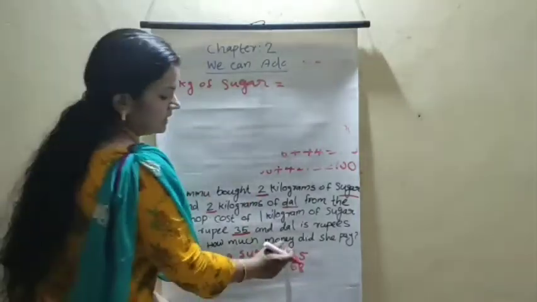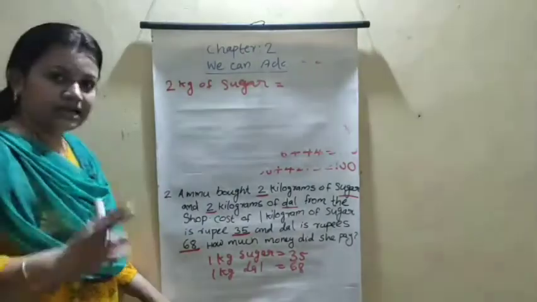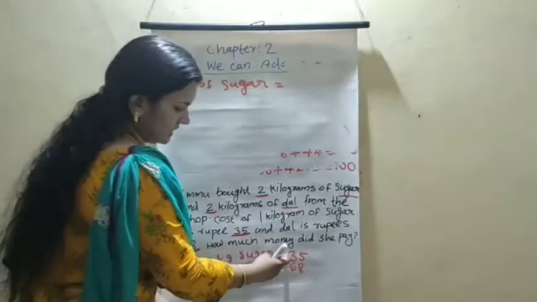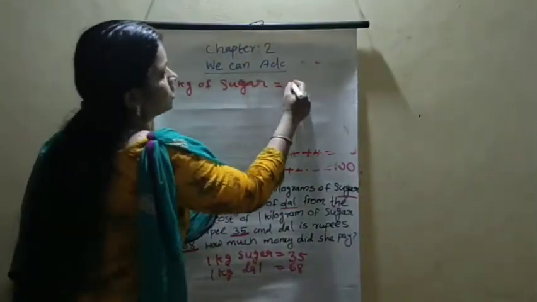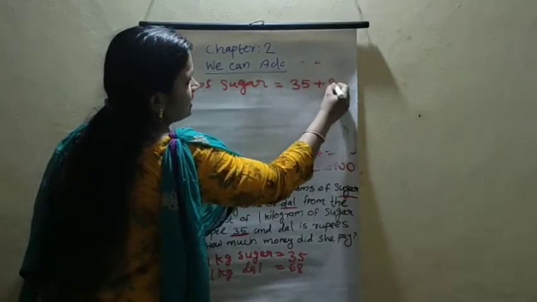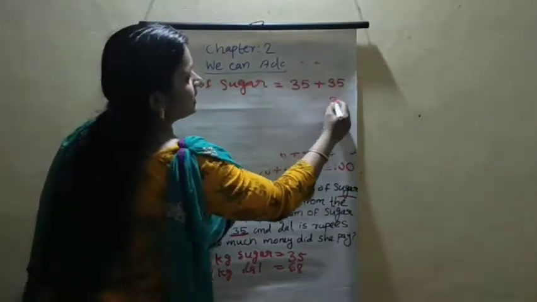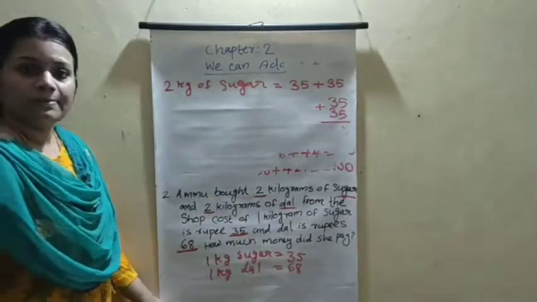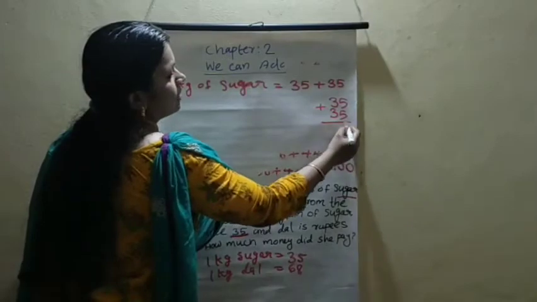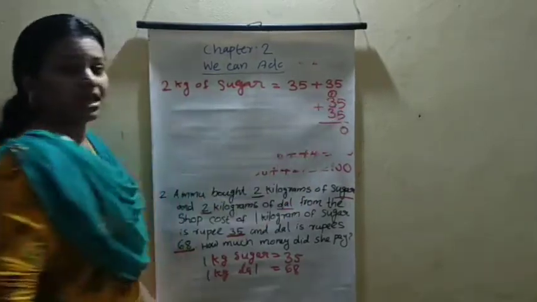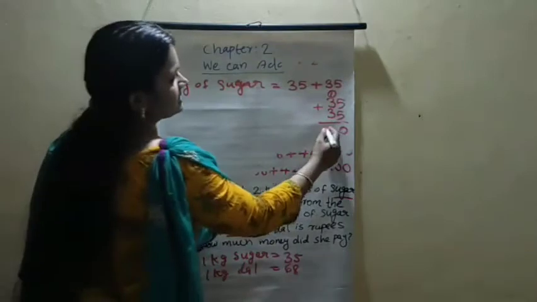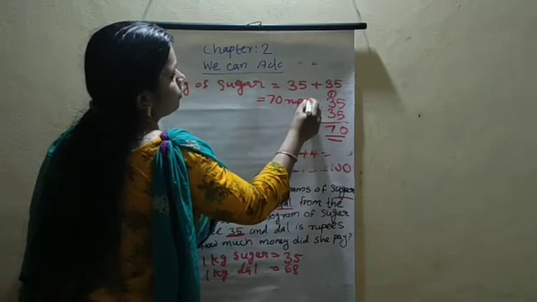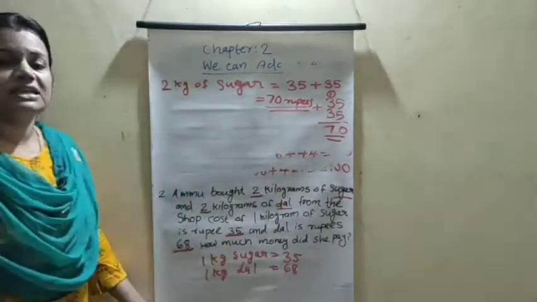Adding 2 times 35, because 1 kilogram sugar is 35. 2 kilograms of sugar equals 35 plus 35. Do it. Add this. 5 plus 5 is 10, 1 is the carryover. 3 plus 3 is 6, 6 plus 1 is 7. You got 70 rupees. 2 kilograms of sugar is 70 rupees.